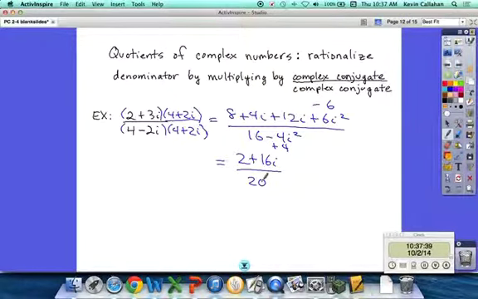And you could think of that as 2 over 20 plus 16i over 20, and then simplify both parts of it.